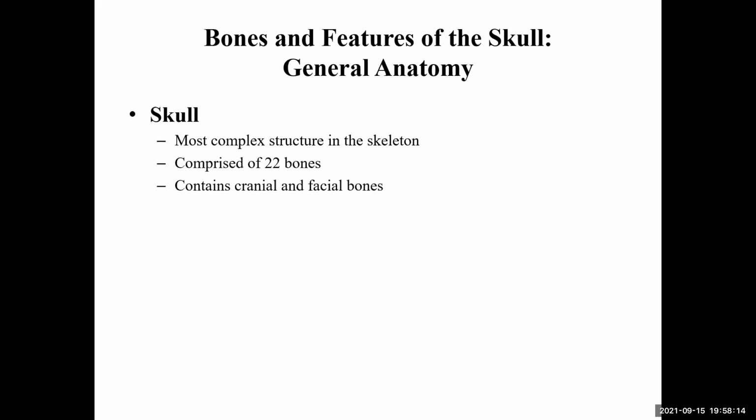All right, so there's 22 bones that make up the skull, and we divide the bones of the skull into two divisions. We have cranial bones and facial bones. Facial bones is pretty self-explanatory. That's going to be all the bones that make up your face. The cranial bones are going to be all the remaining bones, pretty much the bones that make up the area of the skull that houses your brain.